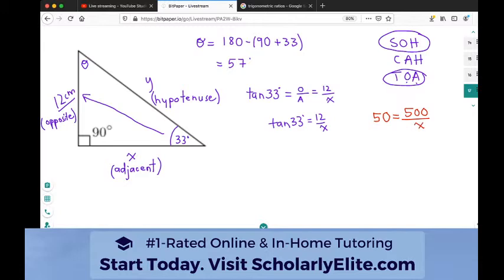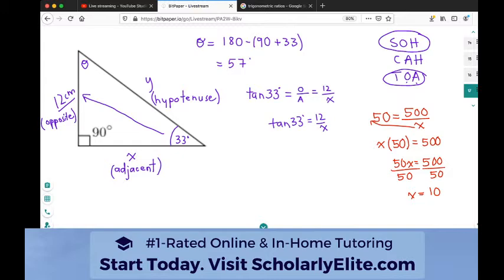All you would do is multiply x up, because right now 500 is divided by x. The opposite operation is multiplication, so it becomes x times 50 equals 500, which we can rewrite as 50x equals 500. Then we just divide off 50 from both sides, and we get x equals 10.